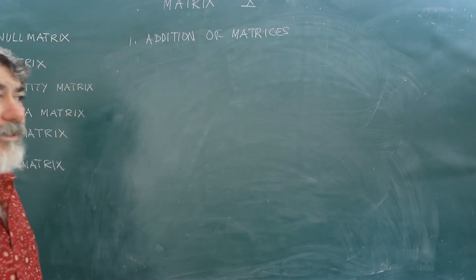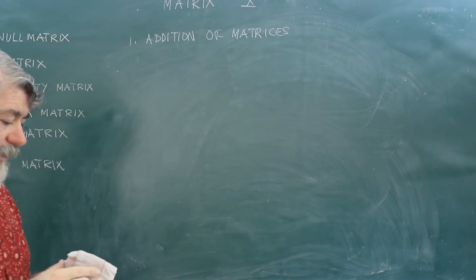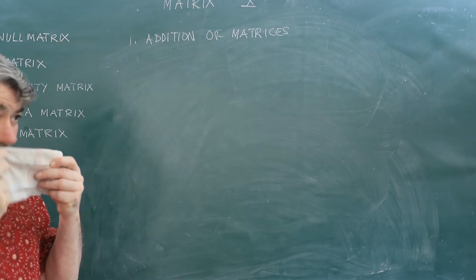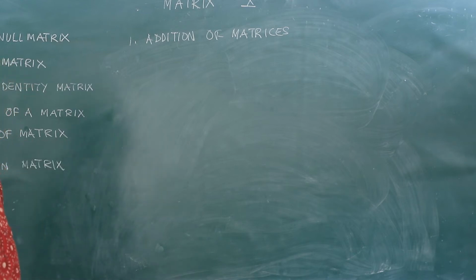Now, when we are talking of addition of matrices, the first condition is that two matrices can be added to each other only if they are of the same order.